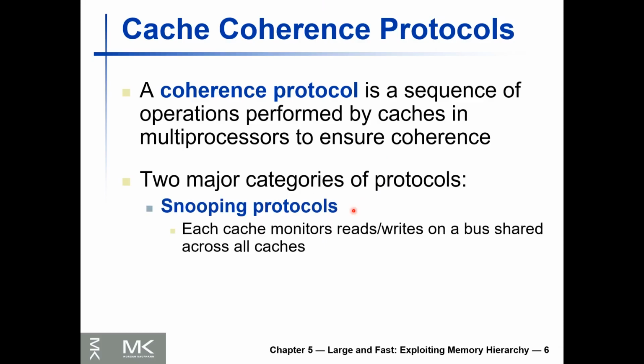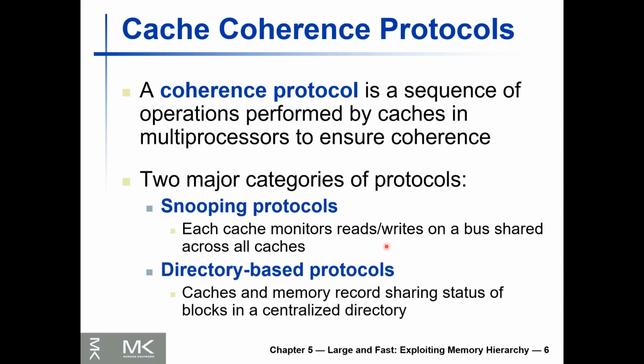In a snooping protocol, there's a shared bus across all the caches. Each core monitors that bus, finds out what the other cores are doing by looking at what's going on on that bus, and responds in a way to make sure that the data is coherent. That's what a snooping protocol is.